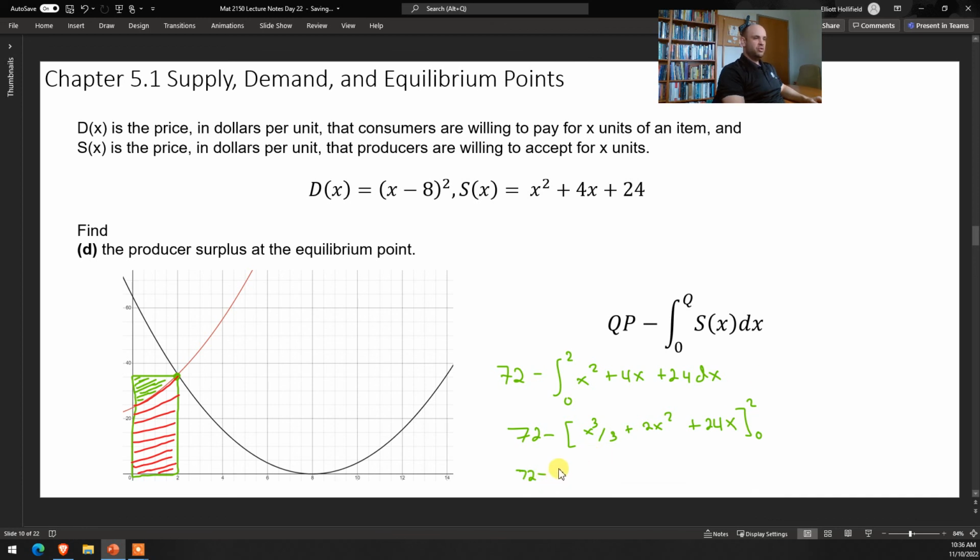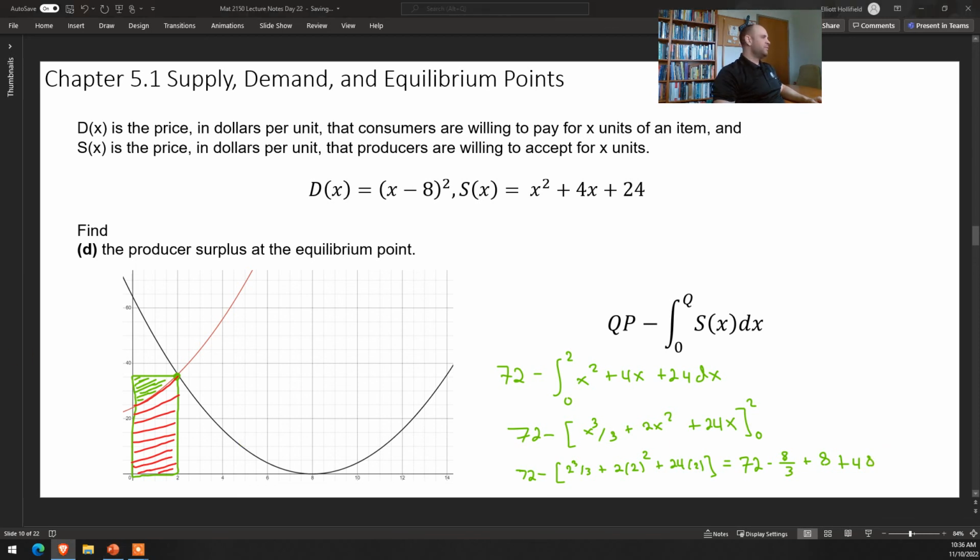Now we plug in 2: 2 cubed over 3 plus 2 times 2 squared plus 24 times 2, minus 0. 2 cubed, that's 2 times 2 times 2, gives us 8 over 3. 2 squared is 4, times 2 is 8, plus 48.